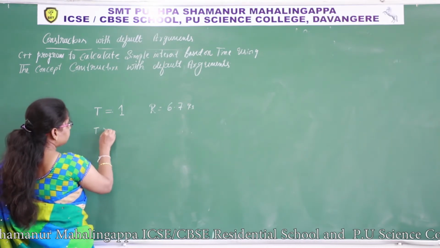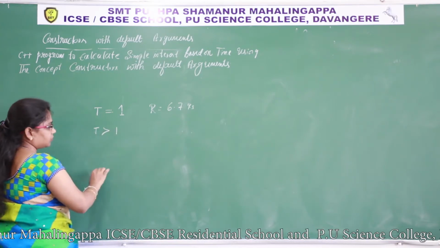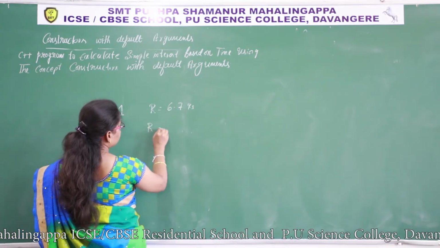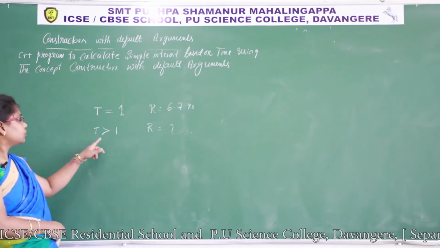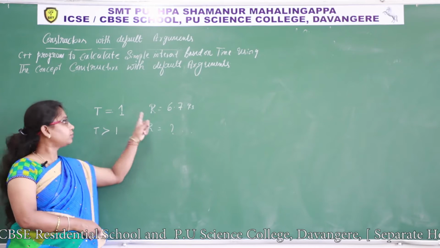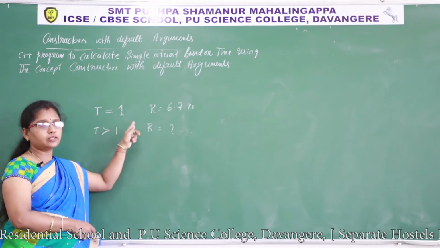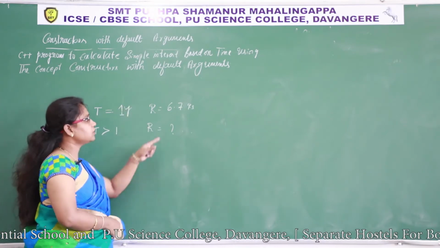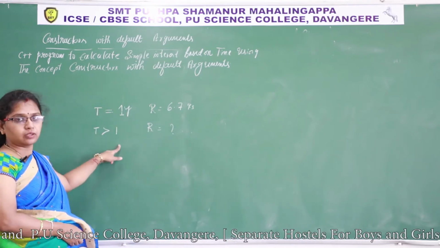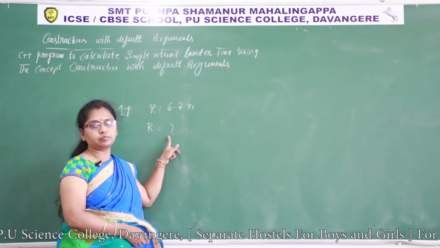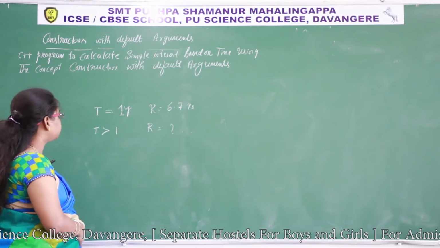If time is greater than 1 year, then it has to ask for the rate. Understood? So the user has to input the rate for this. If time is 1, meaning 1 year, then by default this value has to be set. If time is greater than 1, the user has to input the value. This is the code.